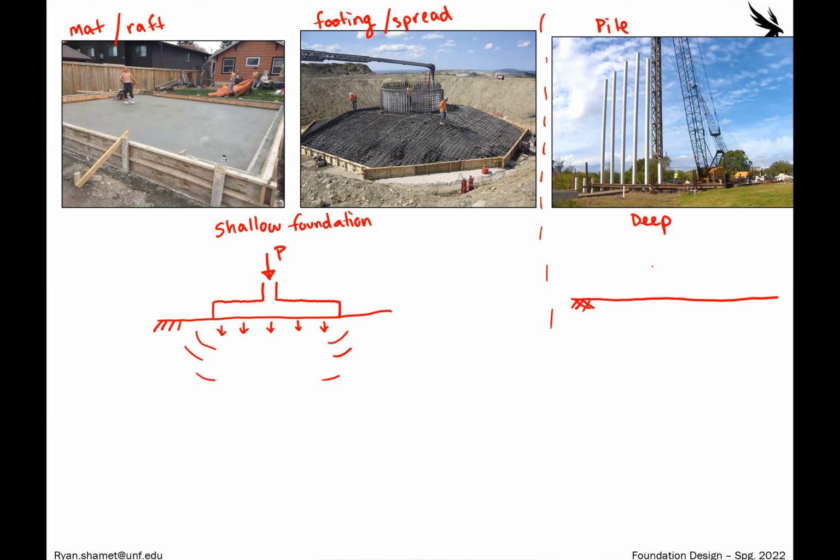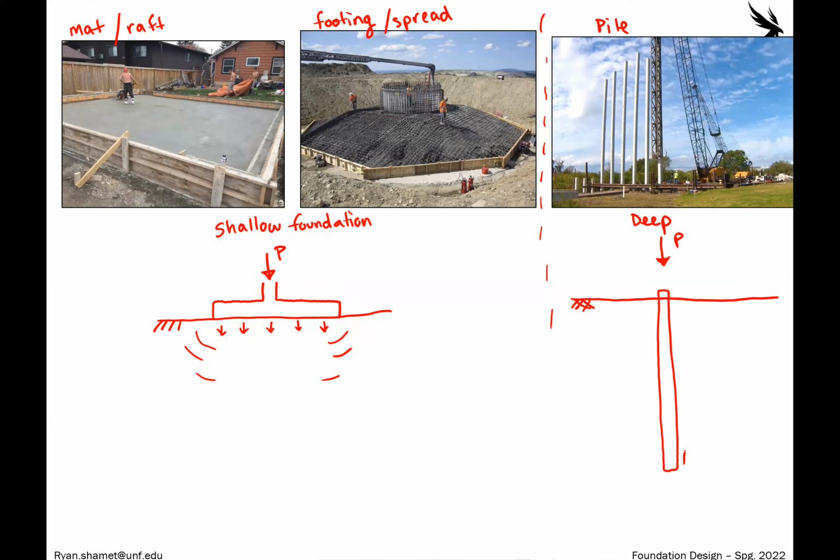For deep foundations, it's a little different, but still kind of the same. We have the ground surface and we have a structural load here coming from whatever type of structure we have. But instead of distributing the load horizontally, we're distributing that load vertically. So these are deeper than shallow foundations, who would have thought?